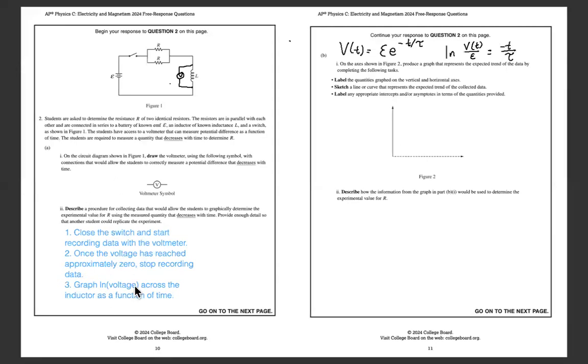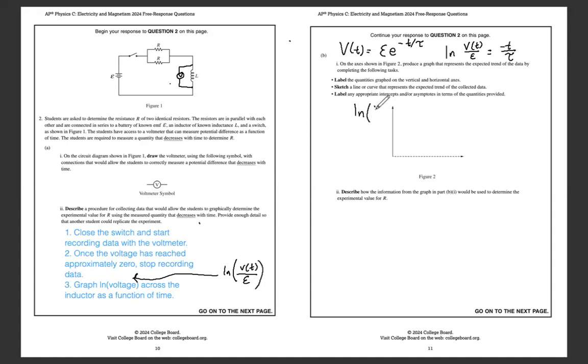So not just natural log of voltage, but natural log of voltage divided by epsilon. So let me actually change that in my procedure. Natural log V of t over, not epsilon, script E. There you go. All right, label the quantities.